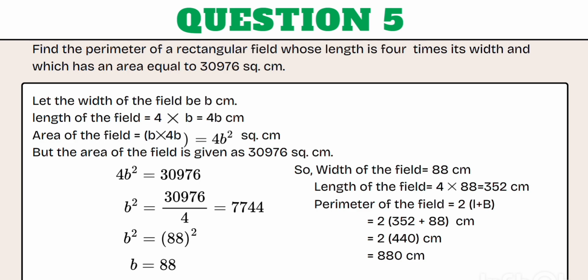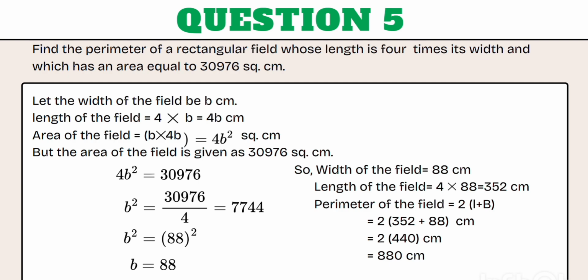30,976. B square equals 30,976 divided by 4, that is equal to 7,744. B square equals 88 whole square. B equals 88. So, width of the field is 88 centimeter.